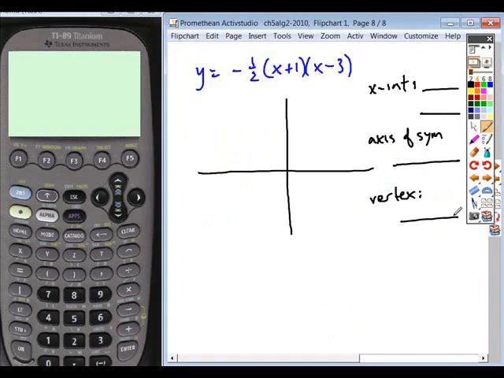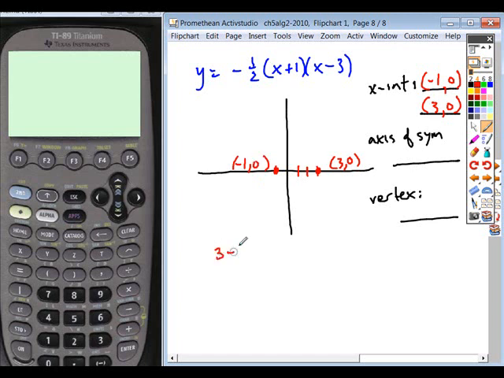All right, where are my x-intercepts? Negative 1 and 3. Okay, so if I plot those, I can label them just to the outside. Okay, where's my axis of symmetry going to be?